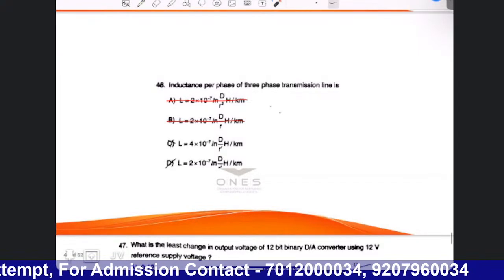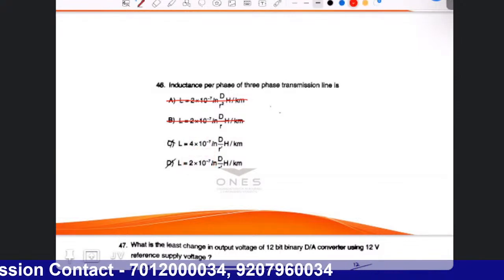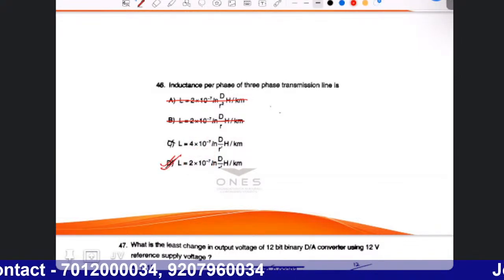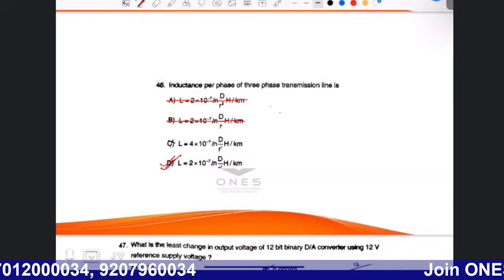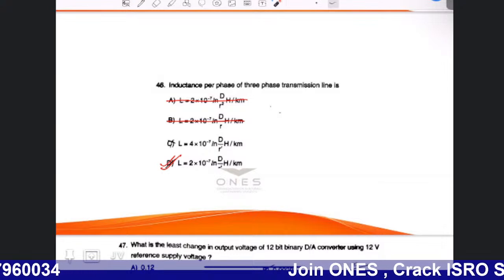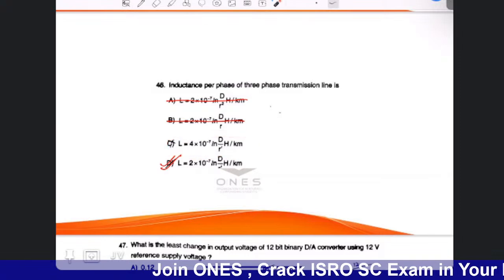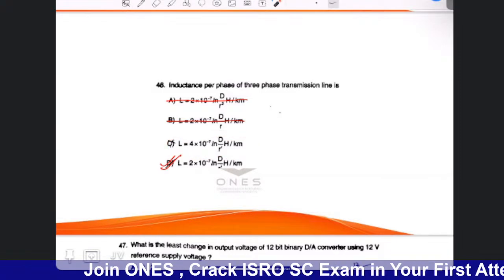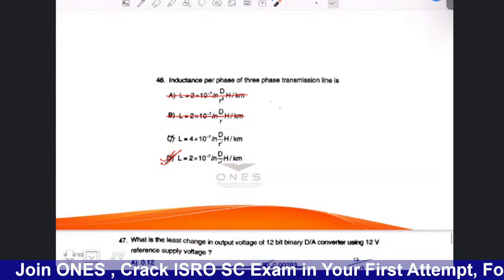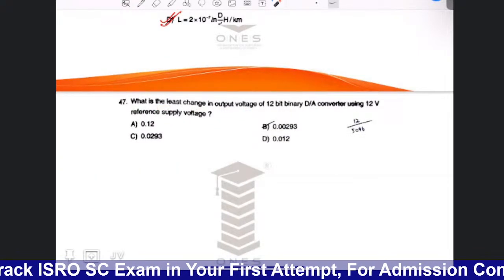Here it is 4 into 10 raised to minus 7, whereas here it is 2 into 10 raised to minus 7. So the correct option will be 2 into 10 raised to minus 7 ln d by r dash. If they meant loop inductance, that will be 4 into 10 raised to minus 7 ln d by r dash.